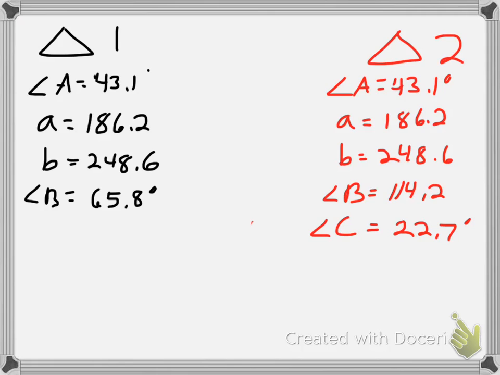And likewise, for my first triangle, I'm back to my two angles of 43.1 and 65.8. They have a total of 108.9, and when I take that away from 180, my remaining angle is 71.1 degrees.